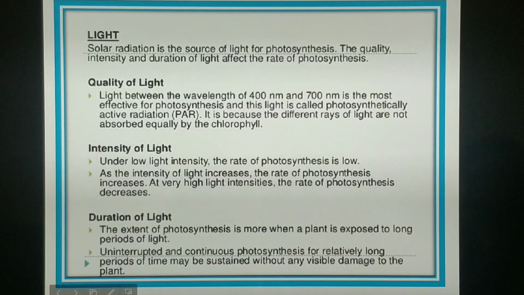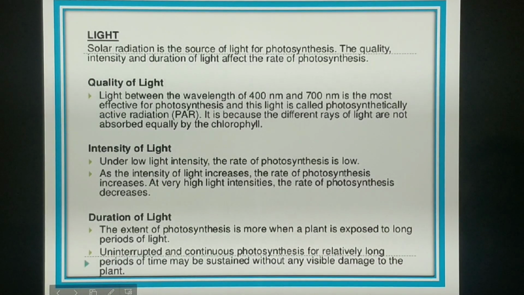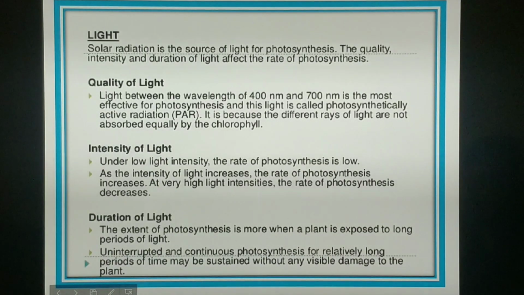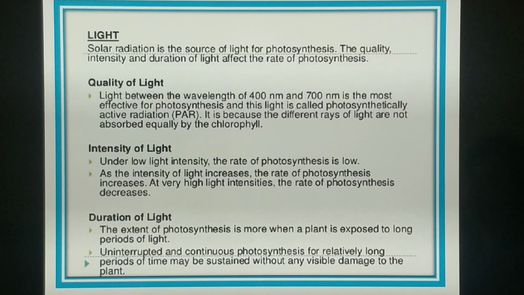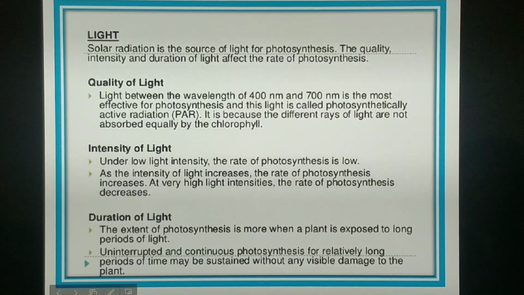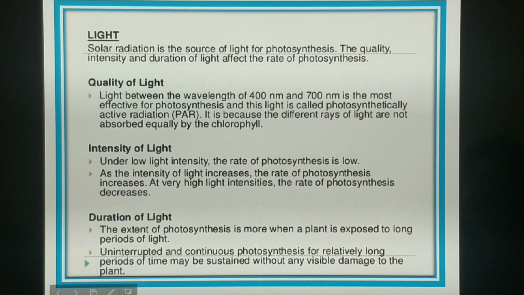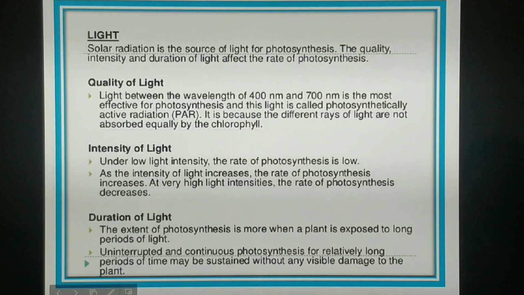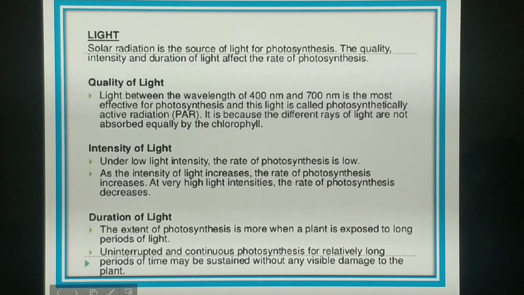Under low light intensity, the rate of photosynthesis is low. As the intensity of light increases, the rate of photosynthesis increases. At very high light intensities, the rate of photosynthesis decreases. Now we will see how duration of light affects.